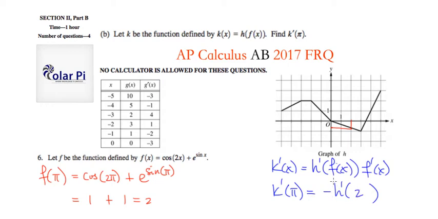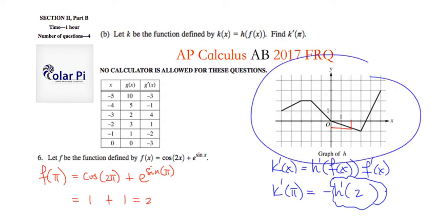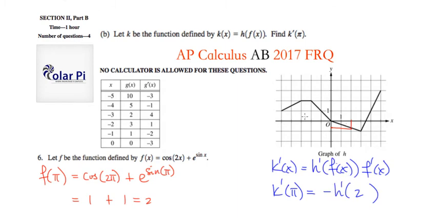So now we need to find h prime of 2 and then take the negative of h prime of 2. Notice that the only information we're given about h is this graph here. And h prime of 2 concerns the slope of h at x equals 2. Since h is made up of a bunch of segments, we concern the slope of this segment here.